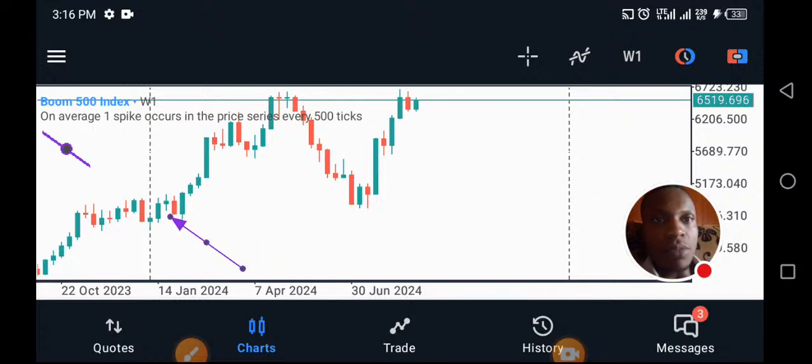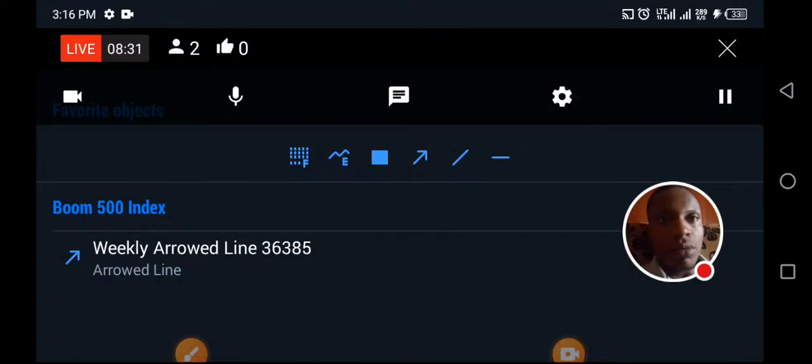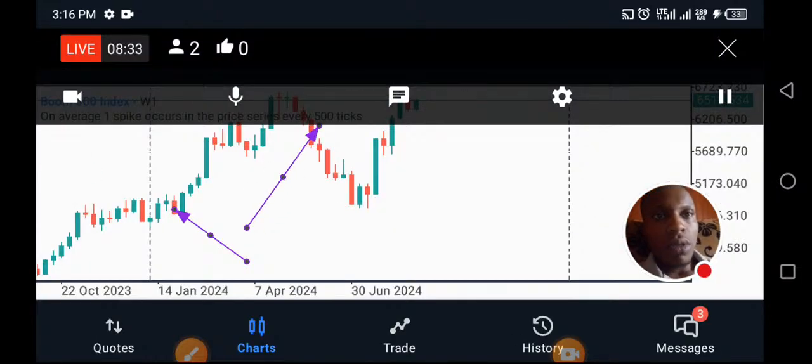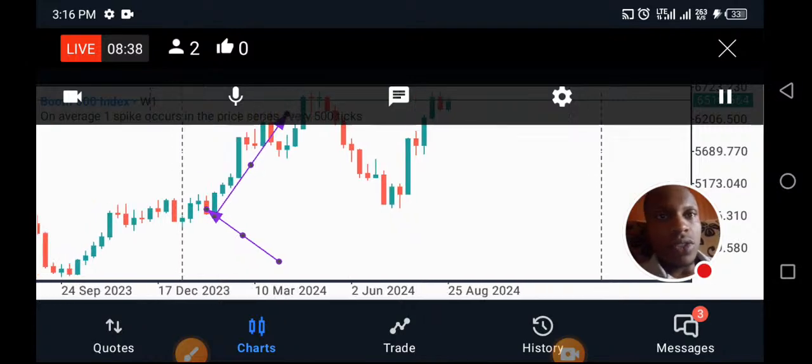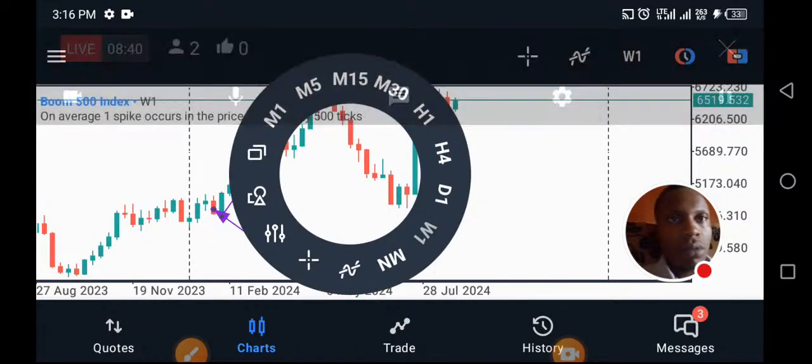This particular last sell candle here, before the move upward here, is called our order block.